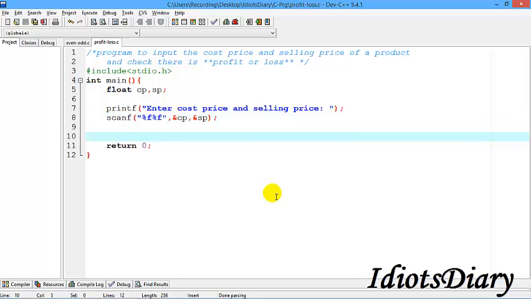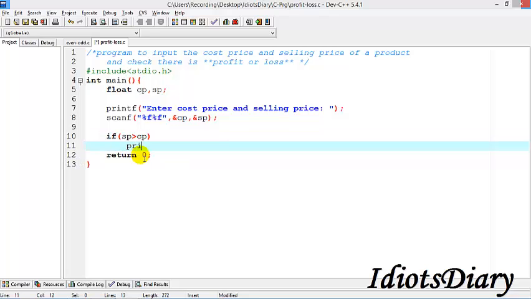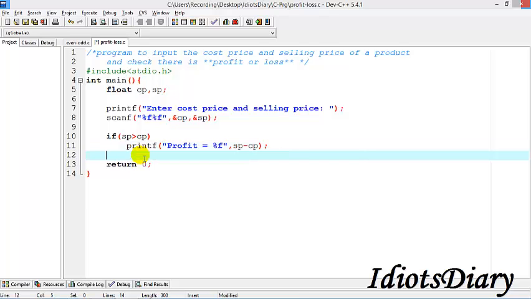To check whether there is a profit or loss, we create a condition that if selling price is greater than cost price, then profit occurred, so we print profit. Also we want to print how much profit occurred, so we use %f and calculate the profit by using SP minus CP.